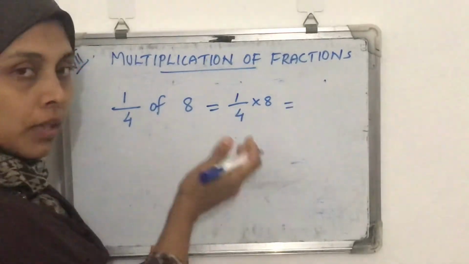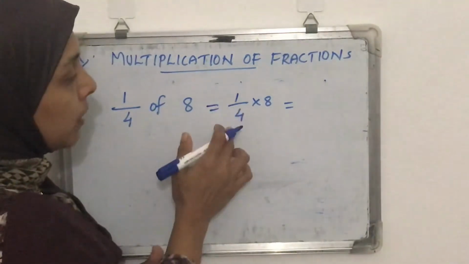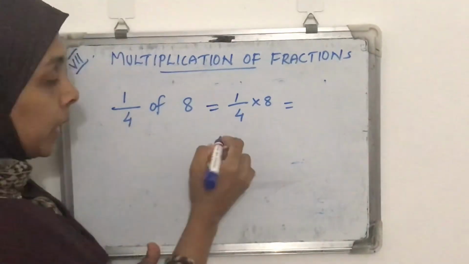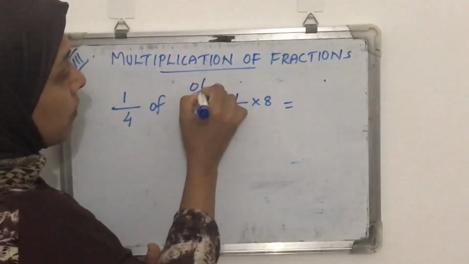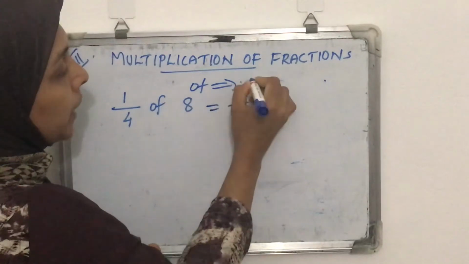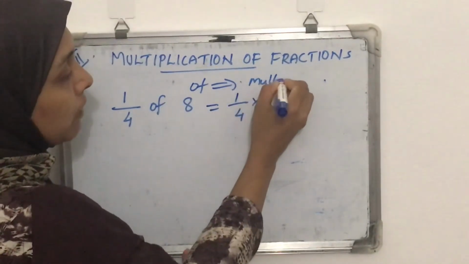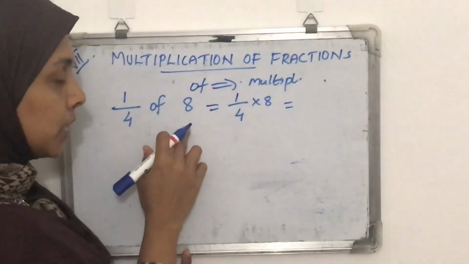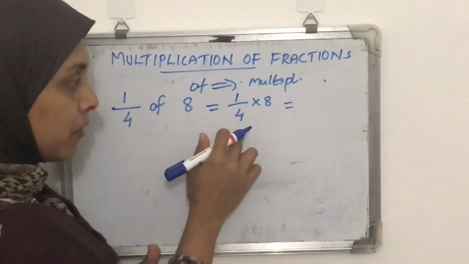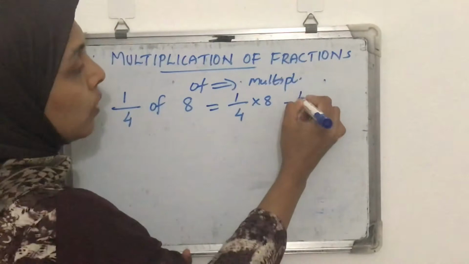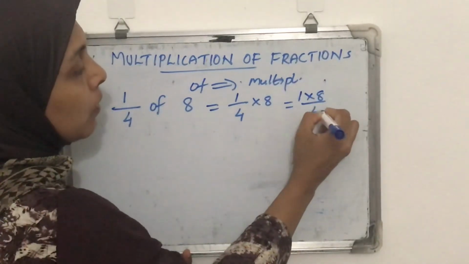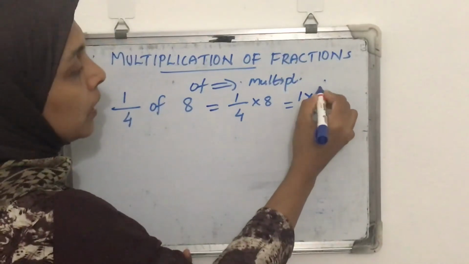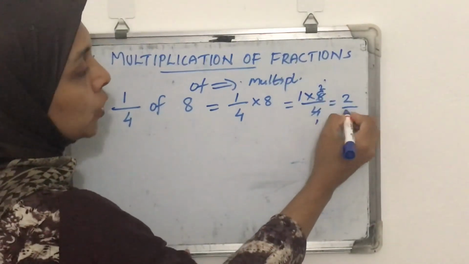That we learned just now: 1 by 4 into 8. So what does 'of' represent? Multiplication. Remember this well. So 1 by 4 of 8 we represent as 1 by 4 into 8. That is 1 into 8 by 4. 8 and 4 divide, you will get 1 here and 2 there. So the answer is 2.